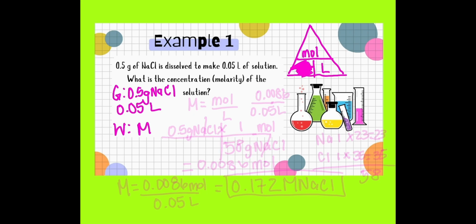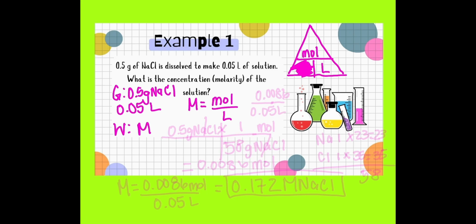Now that molarity is covered up, it lets me see that I have mole over liter left. So that lets me know that my formula is going to be M equals mole over liter.